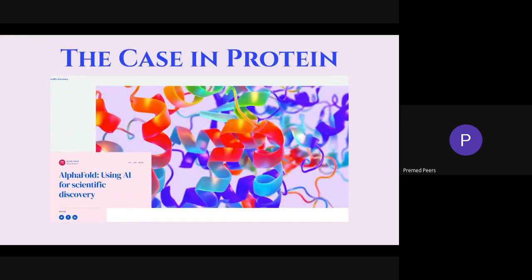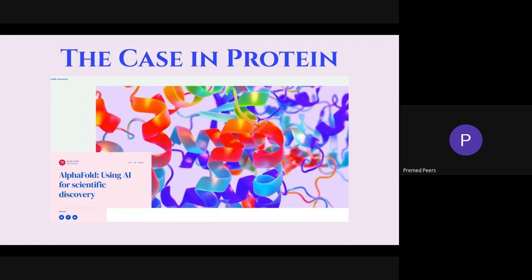So specifically with protein, I don't know if you guys have been checking out AlphaGo. Remember, like last year or a couple of years ago, they were using AlphaGo to play the game. And now they're actually applying artificial intelligence on a program called AlphaFold, which also is developed by the Google team.